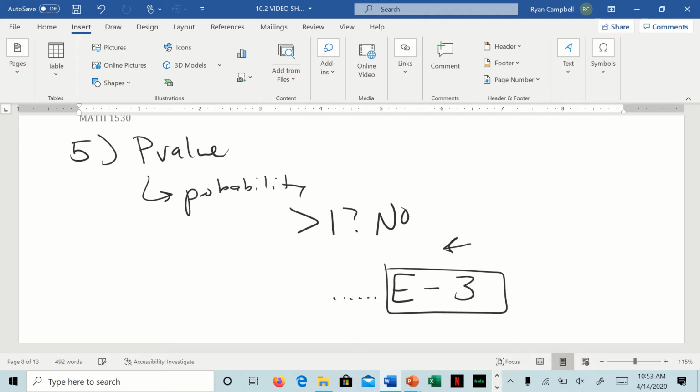If it's -3, you move the decimal over 3 places. If it's -4, you move it over 4 places. If it's -15, you move it over 15 places. Whatever that number is, that's how many places to the left you move the decimal. So when we move our decimal, if we round to 4 decimal places, it's just 0.